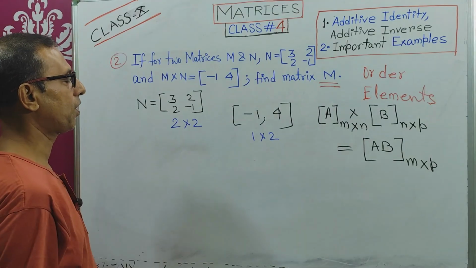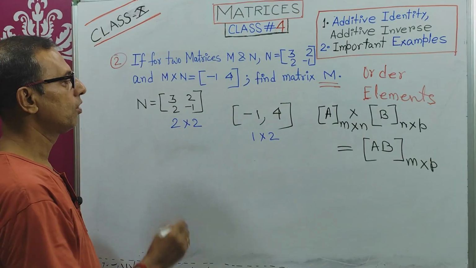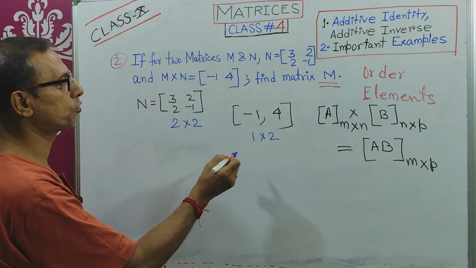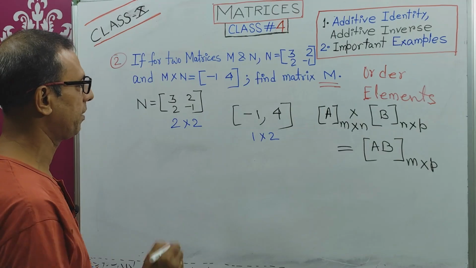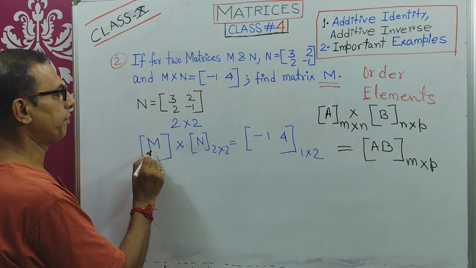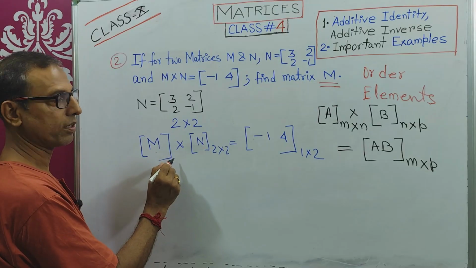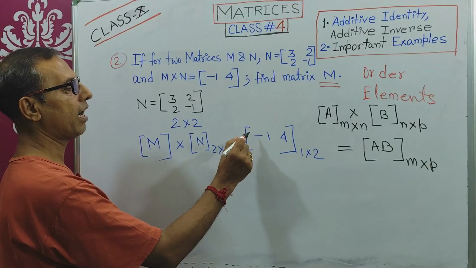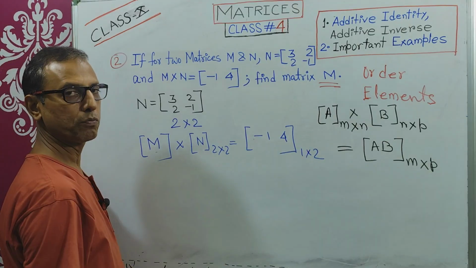So from these two, the order of matrix M is what we need to find. Matrix M, I don't know the order. Matrix N is given, a 2 by 2 matrix, and the resultant matrix is 1 by 2.